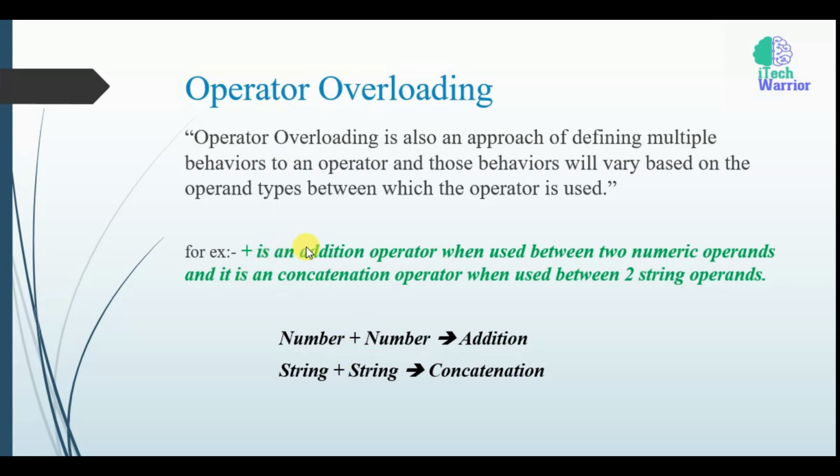Plus is an addition operator when used between two numeric operands, and it is a concatenation operator when used between two strings. So operator overloading means the operator is the same but the behavior of the operator is different.